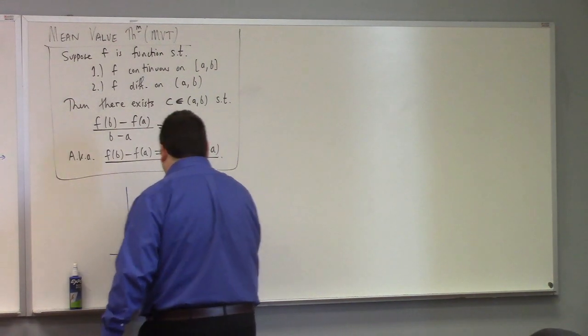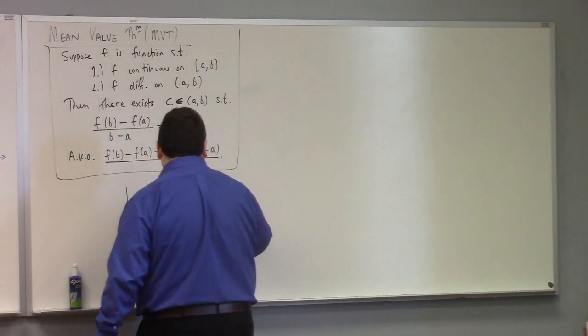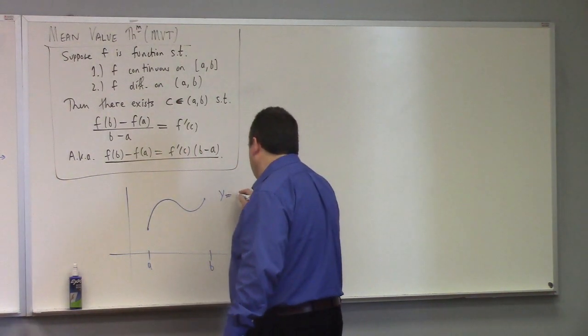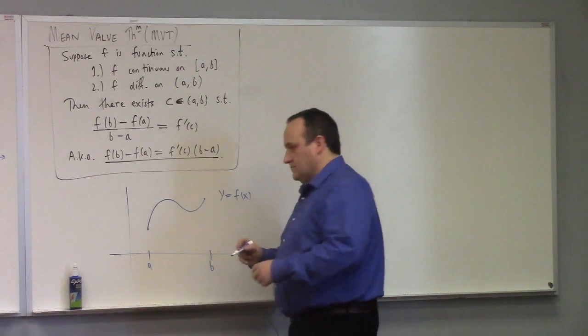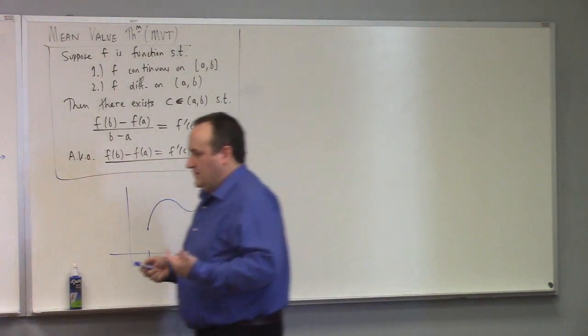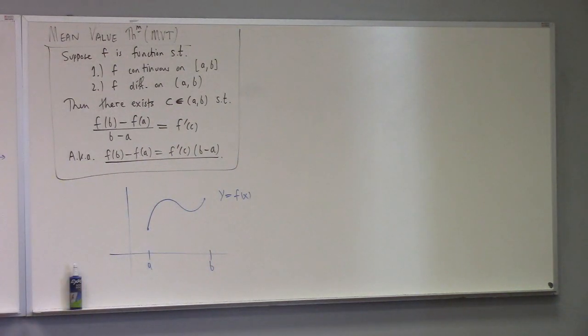So if I've got a graph from a to b like this, suppose this is my function y equals f of x. I can make a secant line from a to b. And how would I do that? What's the formula for the secant line which begins at a and goes to b?